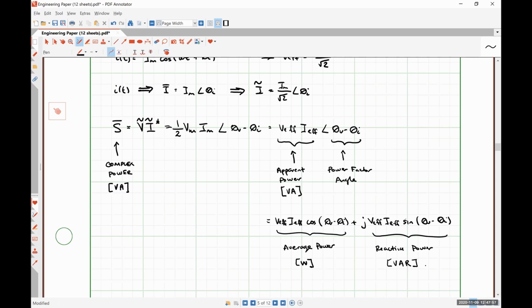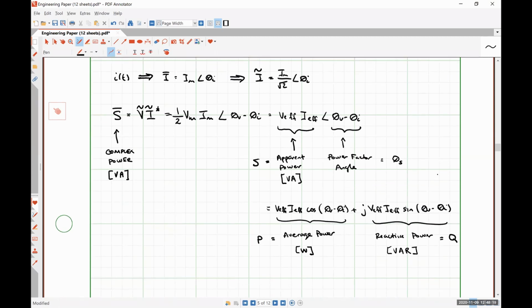Let's talk about symbols here, I guess, real quick. Apparent power is S with no bar over it. Our power factor angle is theta S. Our average power is usually denoted by P, and our reactive power is usually denoted by the letter Q. So these 4 different quantities really summarize all of the information that a power systems engineer would want to or need to know about a particular load, be it a motor or a bank of lights or anything like that.